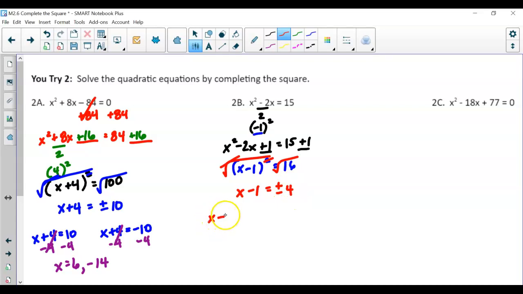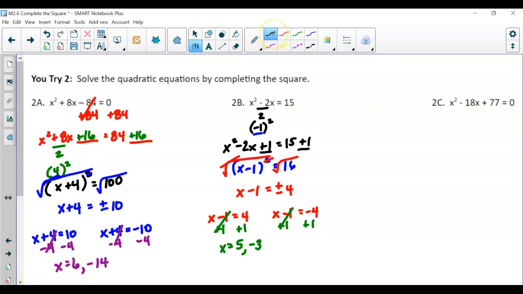So now you've got x minus 1 is equal to 4, and x minus 1 is equal to negative 4 here. So now adding 1 to both sides of the equation, because that's the opposite of subtraction, you should have gotten x is equal to 5 and negative 3.